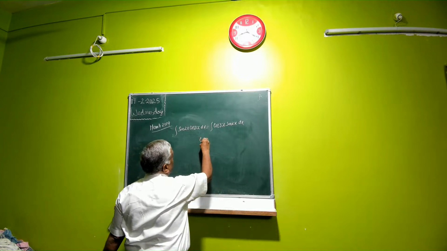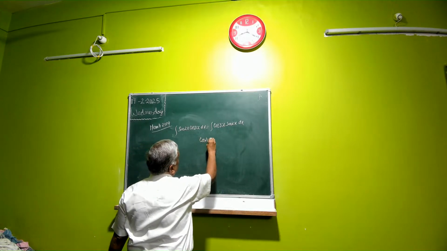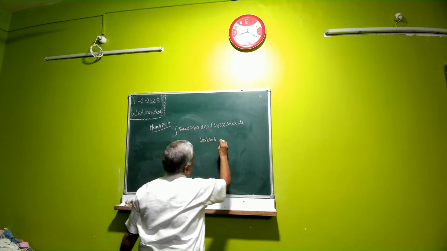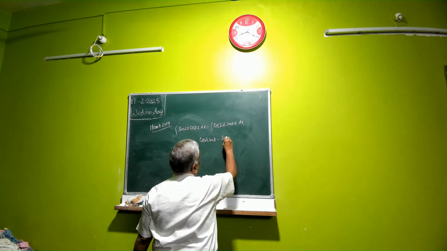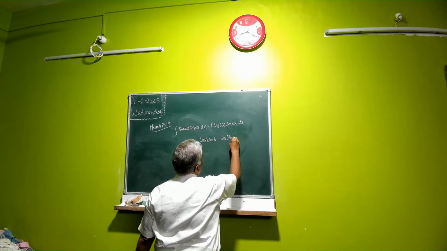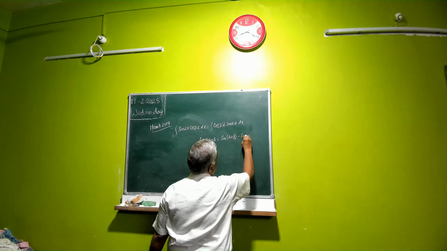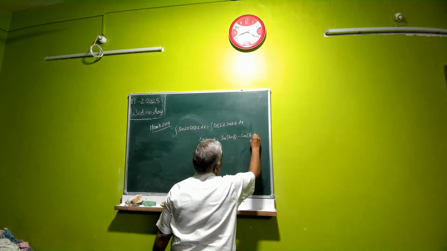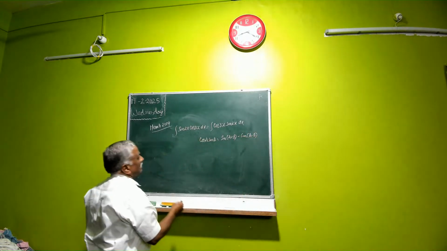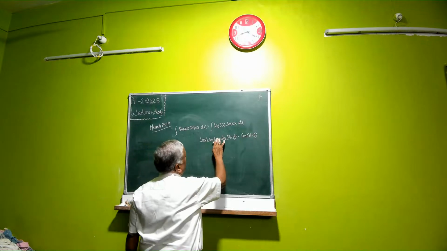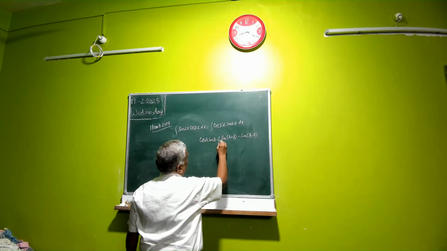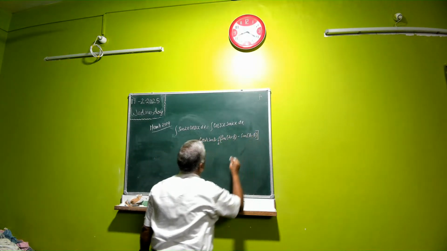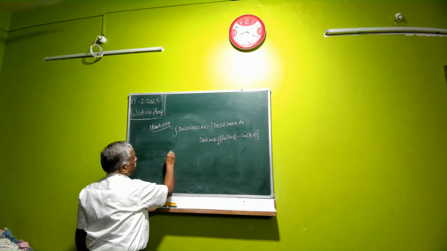What is the formula we are using? Cos A sin B. What is cos A sin B? Sin of A plus B minus sin of A minus B, of course, divided by 2. So half is outside.